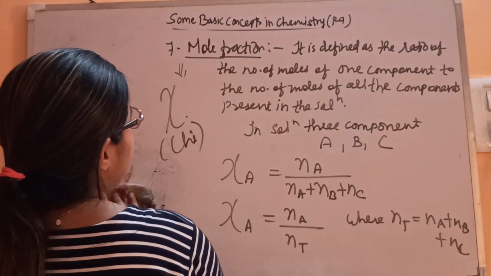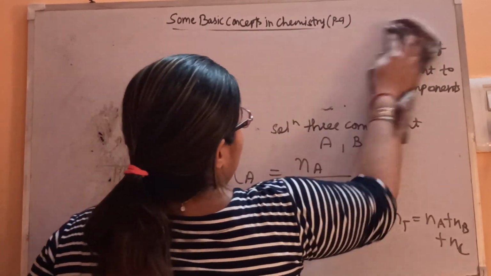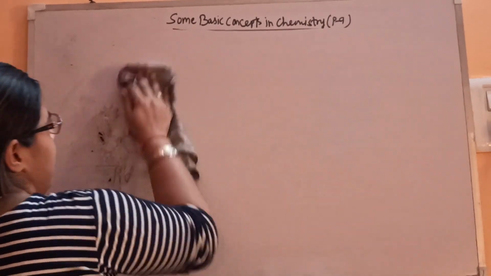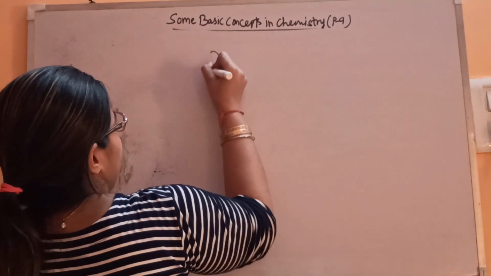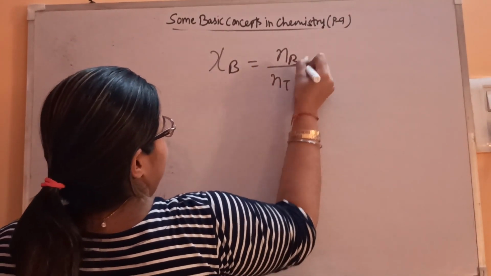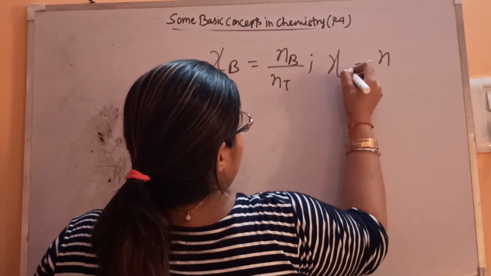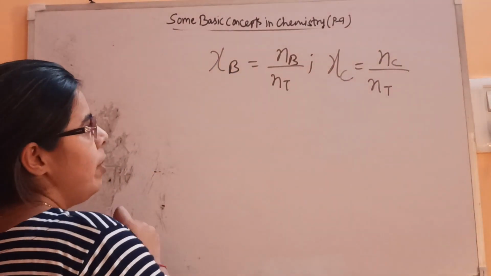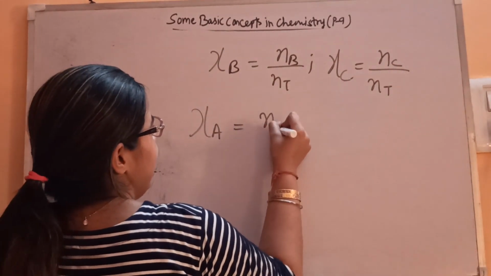So let's write the other components. Mole fraction of B is equal to Nb divided by Nt. Similarly, mole fraction of C is equal to number of moles of C to that of total. And you have to remember one thing, that the sum of all the mole fractions is always equal to 1.